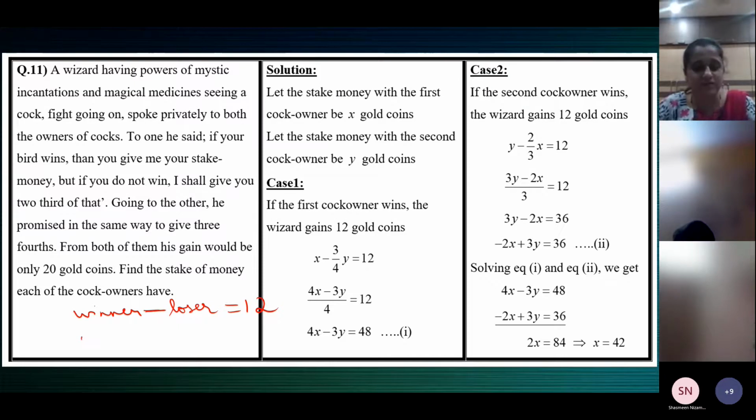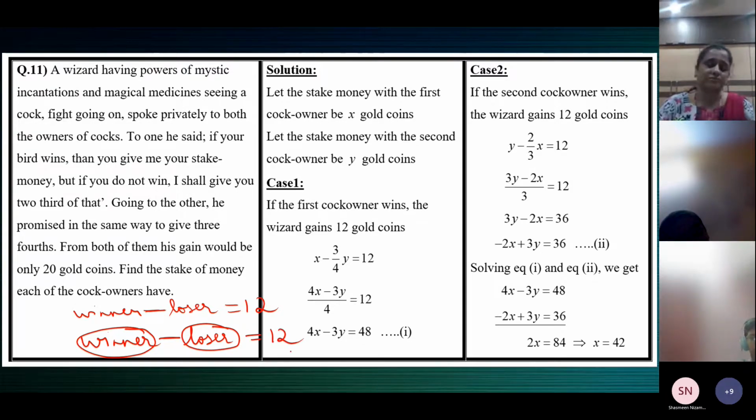The wizard receives money from the winner, and he has to give away some money to the loser. The money which he gets from the winner minus the money which he pays the loser is equal to the net gain of 12 gold coins.